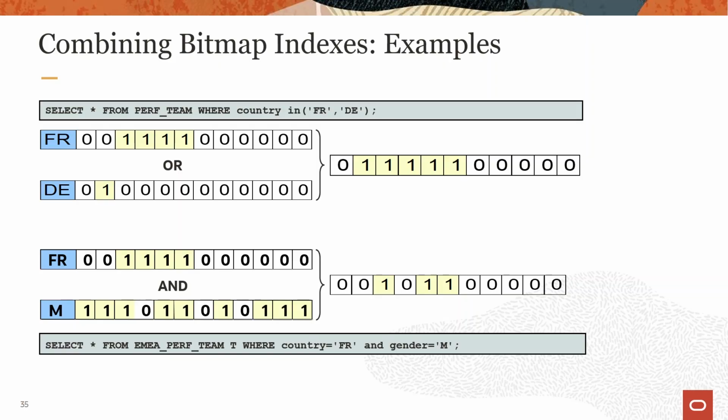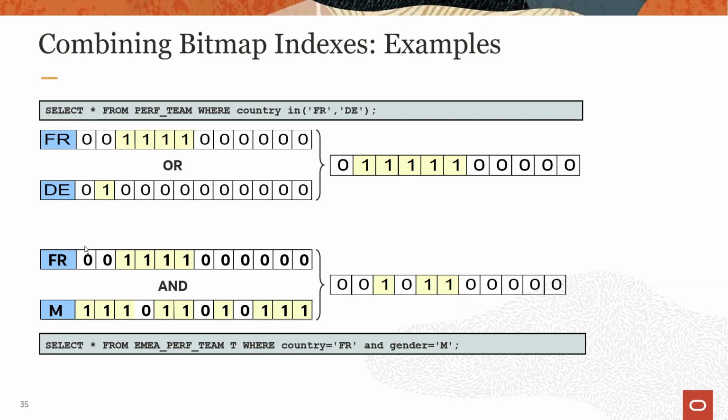Same story when you have a bitmap index upon the country column and a bitmap index upon the gender column, and you're looking for country France and gender male. It will search for the French bitmap in the bitmap index of country, this one for instance, and it will look up the bitmap for male in the bitmap index of the gender column, which is, for example, this bitmap. Now, because they are being combined with the AND operator, both bits must be 1 to result in a bit set to 1.